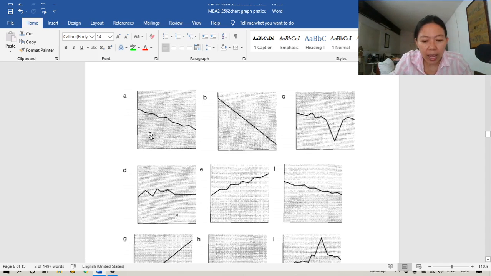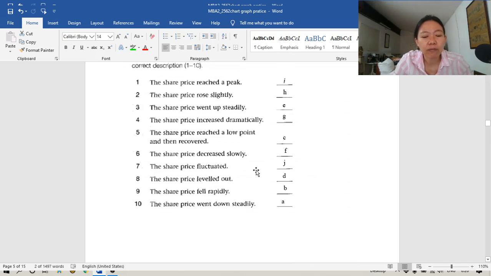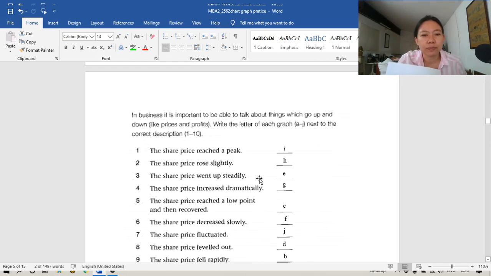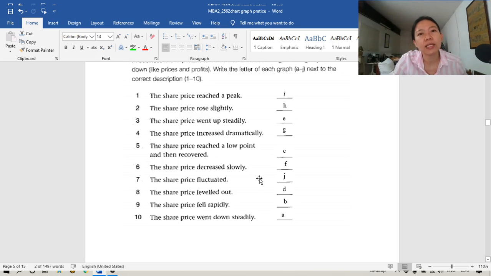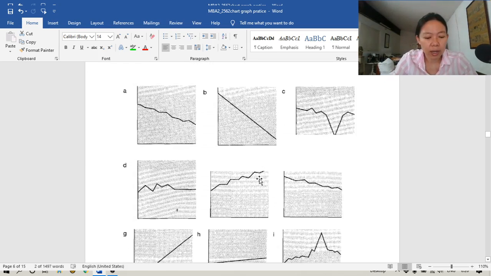So for picture A, I will read it from the statement so that it will be easy for you to follow. So here for picture A, the best sentence to describe this one is number 10. The share price went down steadily.